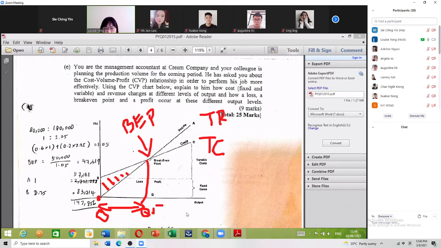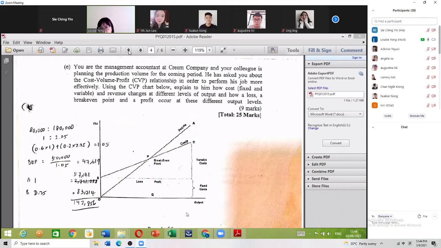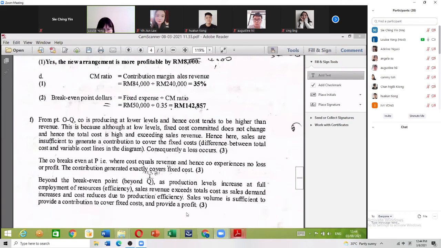But when you extend Q1, for example to Q2, your total revenue will be higher than your total cost. From this output level onwards, you are making profit already. So you write three paragraphs, 9 marks. So here is the suggested answer.